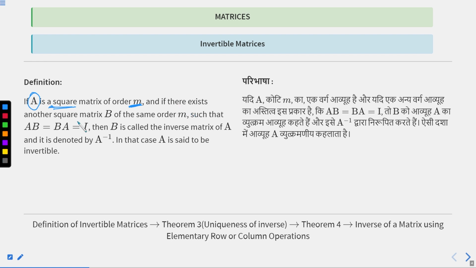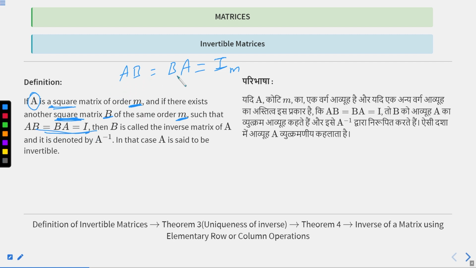If there exists another square matrix B of the same order, such that the product of those two matrices, either AB or BA, will always give the identity matrix of the same order m.